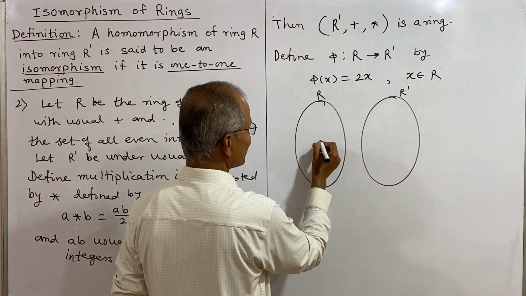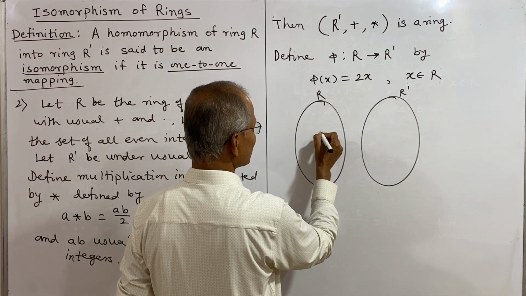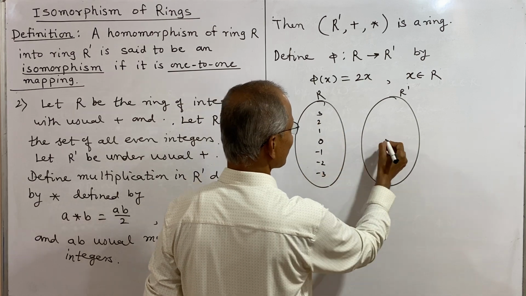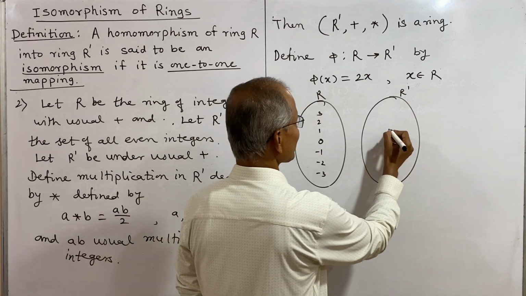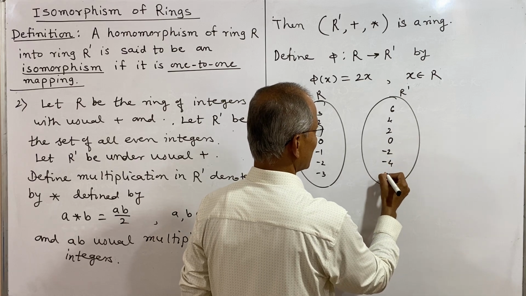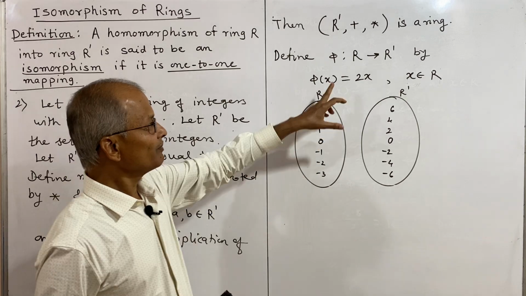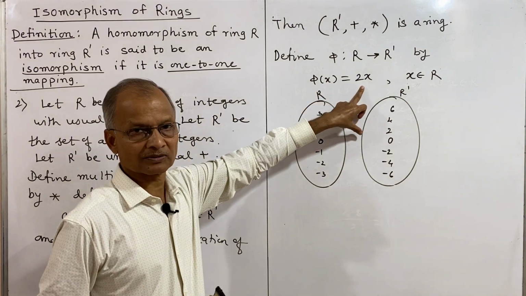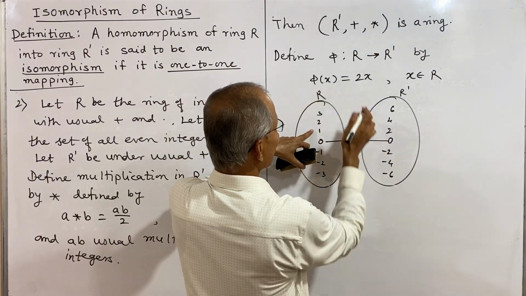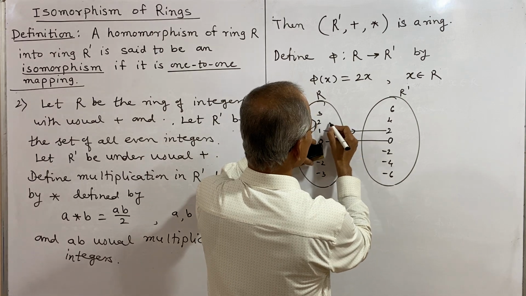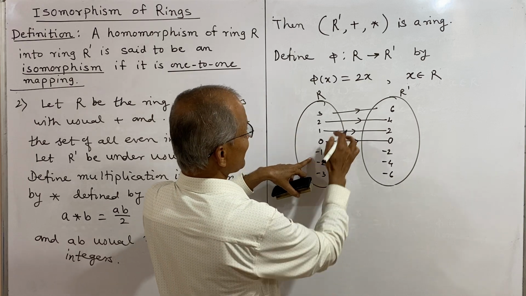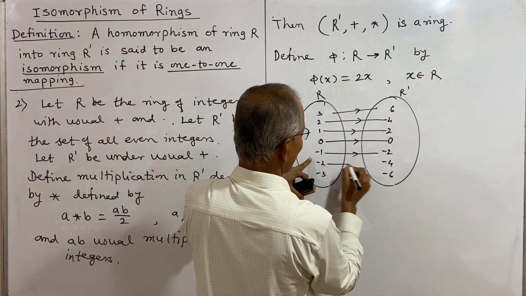Here the elements are 0, 1, 2, 3, etc., and negative elements, but there the elements are 0, 2, 4, 6, only even, and negative even integers. The mapping is defined as phi of x is equal to double of x, and therefore phi of 0 is mapped to 0, phi of 1 is mapped to 2, phi of 2 is mapped to 4, and so on.